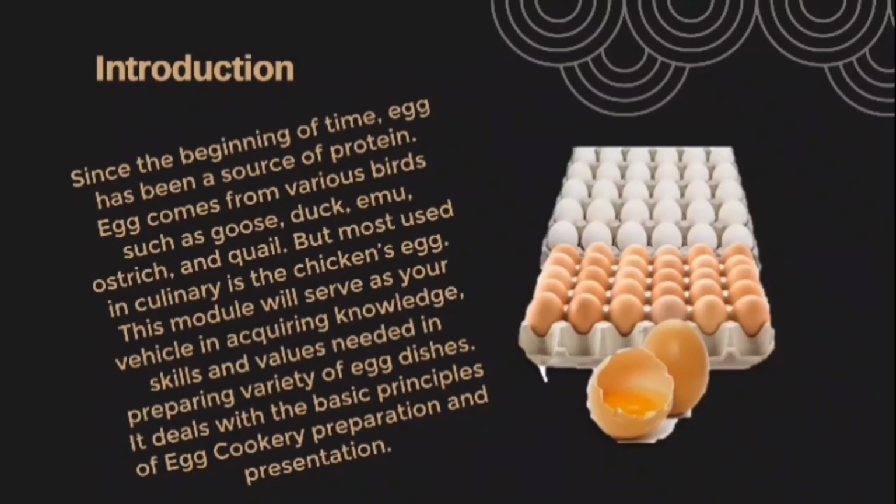Sa goose, sa gansa, sa duck, or sa bibe, sa emu, sa ostrich, at sa quail. Okay. Pero sa lahat ng to, ang pinaka-nakakain natin ay yung galing sa chicken. Ayan. But most used in culinary is the chicken's egg. This is where we are familiar.